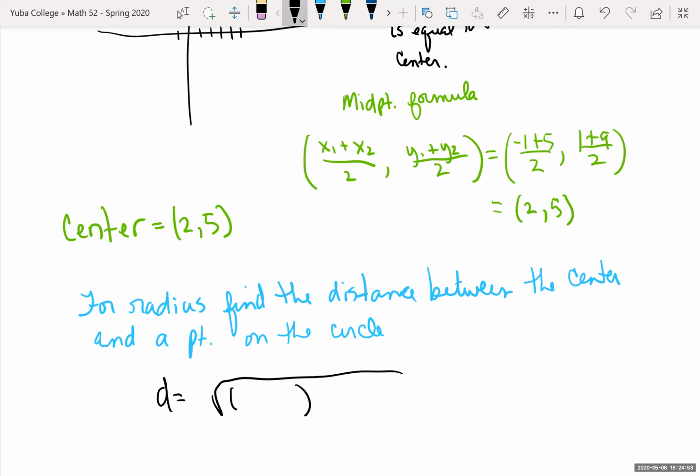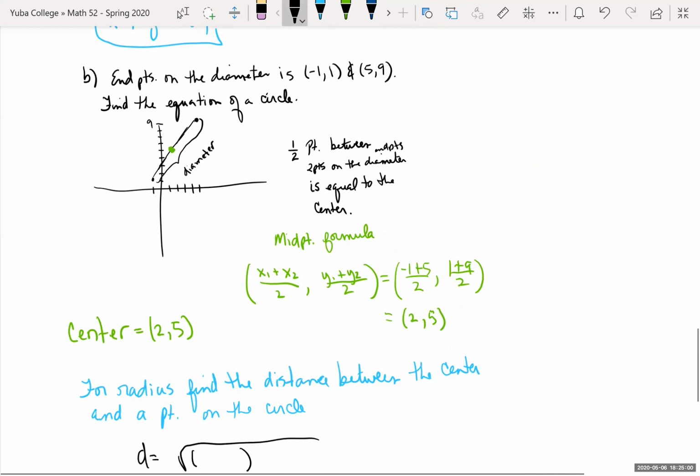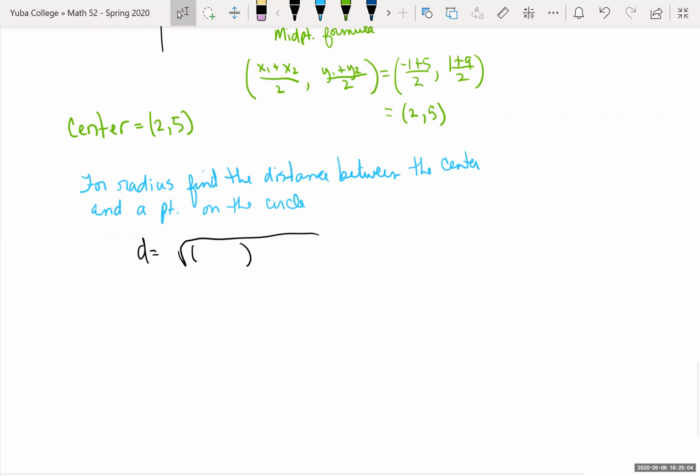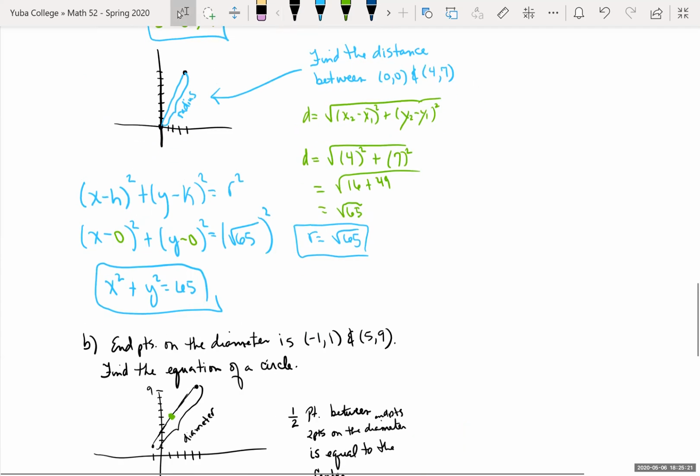So the change of our x values. Okay, so we have an x value of -1 and an x value of 2. So 2 minus -1, squared, plus the change in our y value. So 5 minus the y value of the other one, which was 1.